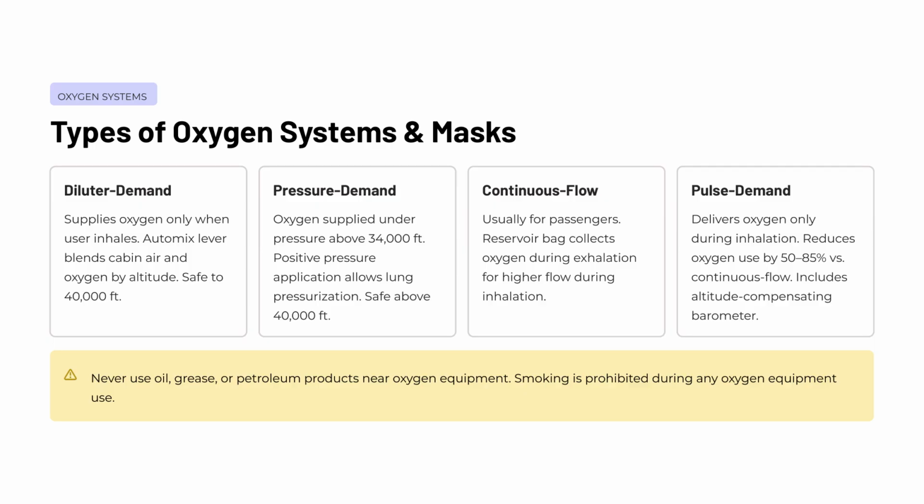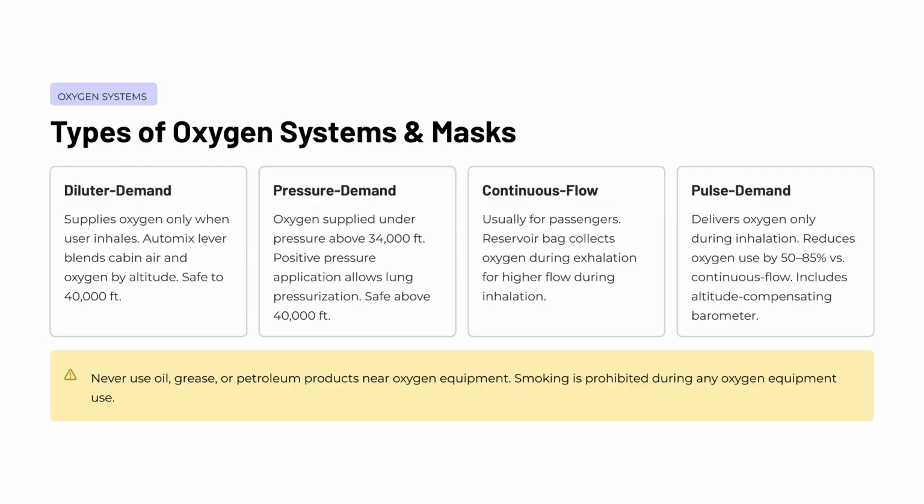For passengers, continuous flow is the most common system. It flows oxygen constantly, and the reservoir bag collects oxygen during exhalation, so a higher concentration is available with each breath. Finally, the pulse demand system is the most efficient, delivering oxygen only during inhalation and reducing consumption by 50 to 85% compared to continuous flow, thanks to its built-in altitude compensating barometer.